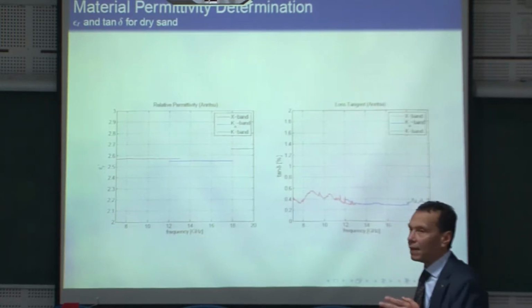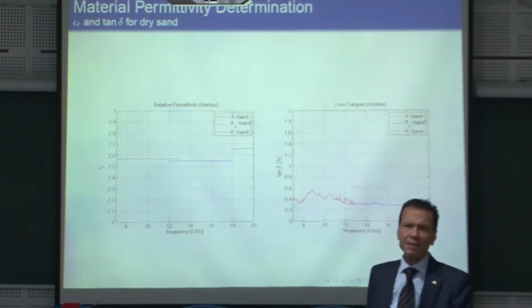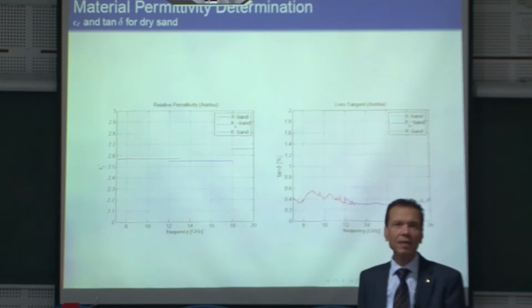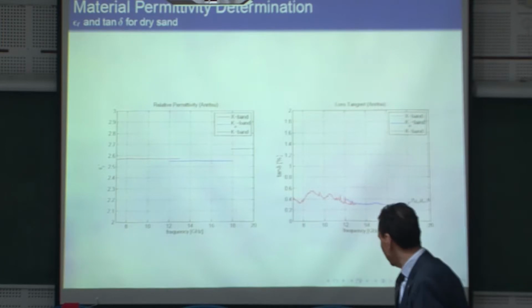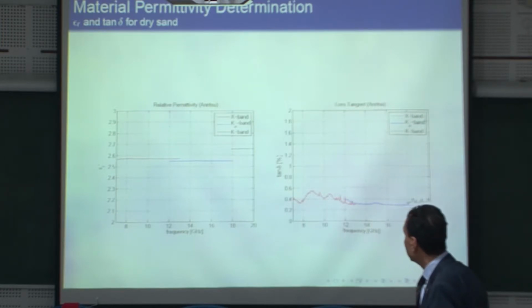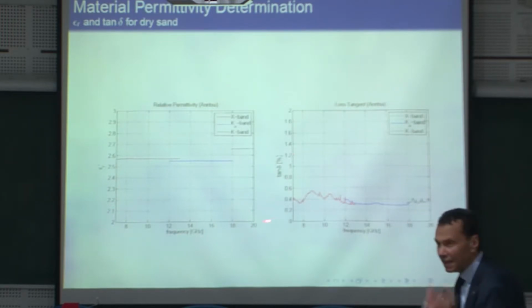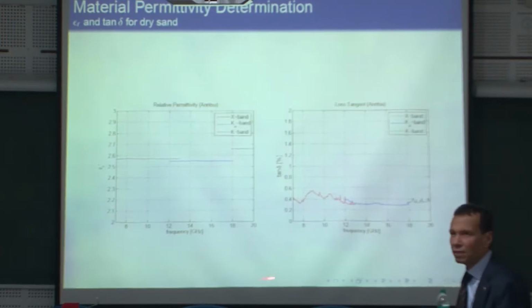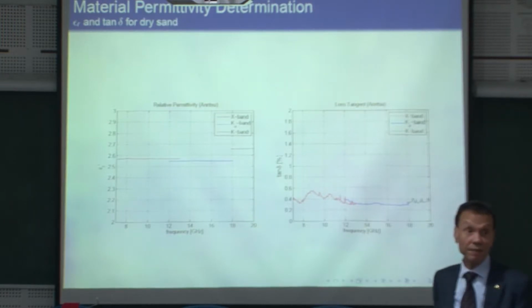Here these are pre-experiments, or initial experiments, in order to determine the characteristics of the sand. This is as a function of frequency. You have the permittivity as a real part, and this is tan delta, not the imaginary part. It's really very low loss, but if you add water, and sometimes we added water in order to see the effect of attenuation and so on, the losses become very, very high.